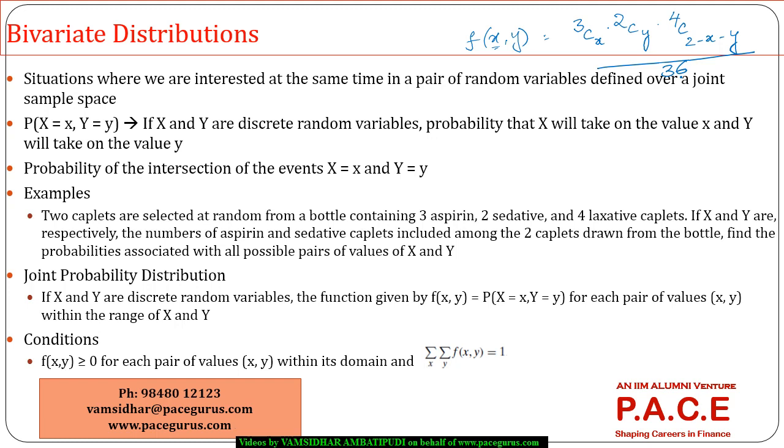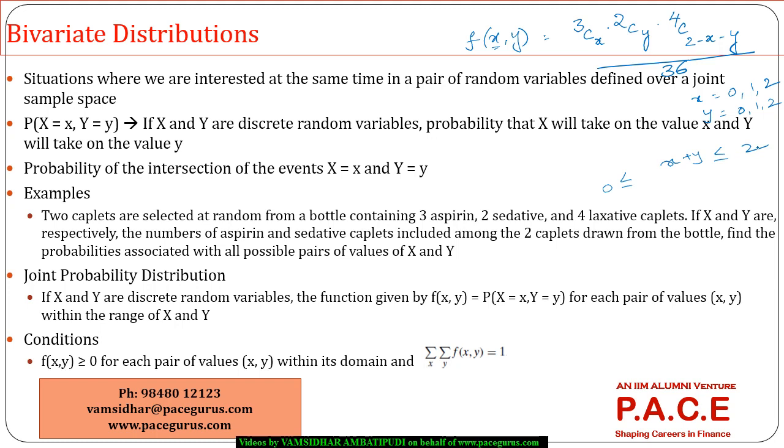I can say x is 0, 1, 2, y is also 0, 1, 2, and x plus y should lie between 0 and 2 itself. So these are some of the additional conditions I can put. X could be any value 0, 1, 2. Y could be any value 0, 1, 2. X plus y should lie between 0 and 2.